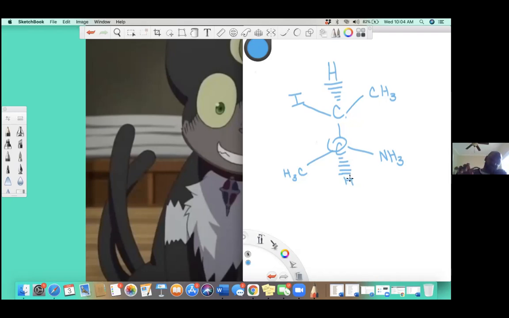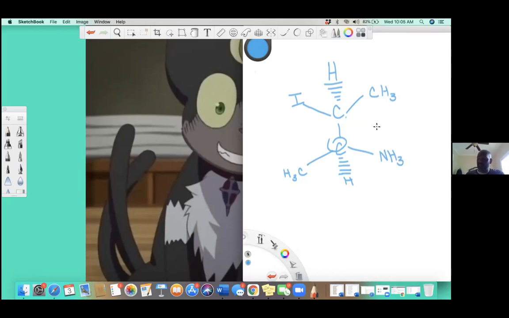On a Fischer projection, the thing you look for is whether the hydrogen is vertical or horizontal. Both of these are vertical. If the hydrogen was on one of the other two positions, it would be horizontal, and then you would reverse the configuration. If it's vertical, you keep it how it is.